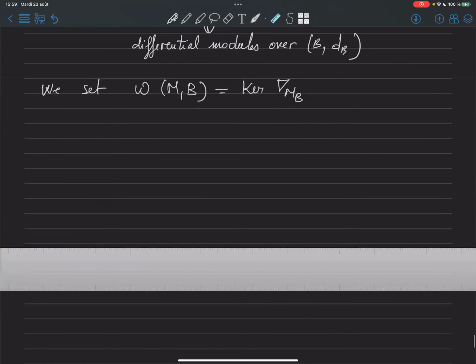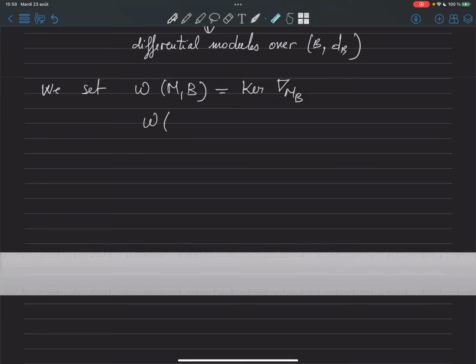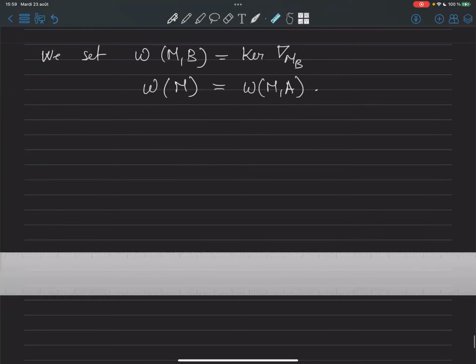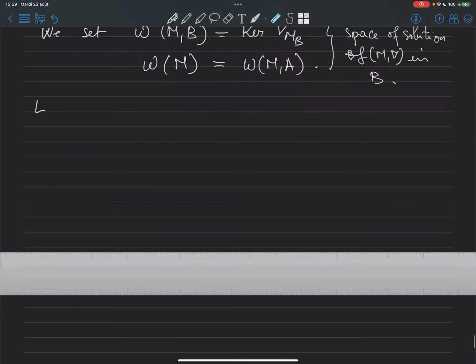And in the special case, if B is equal to A, then we will just write omega M or omega M A. The space of solutions of M nabla in B. Then, an example, as I told you before.